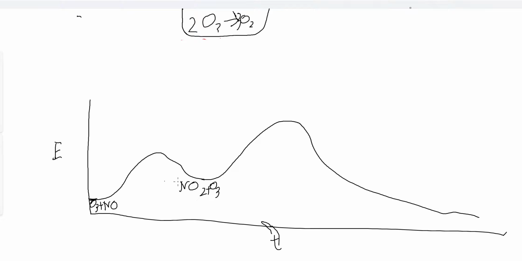So what this is signifying is that we can actually sort of think of it like a ball. If you have a ball here, it takes some energy. We'll call that the activation energy, EA. It takes some activation energy in order to get the ball here.